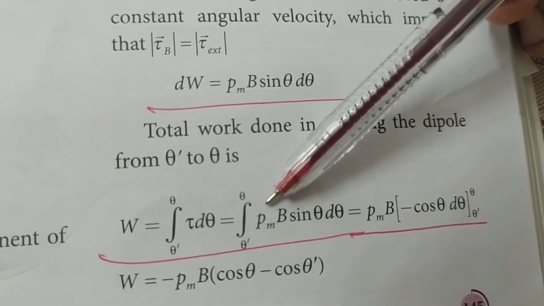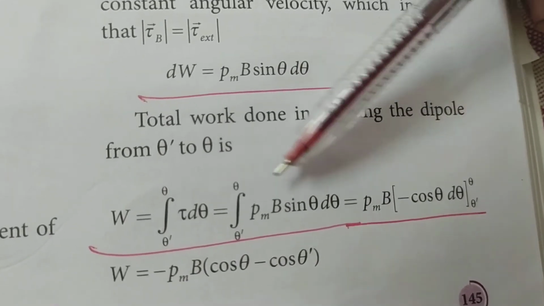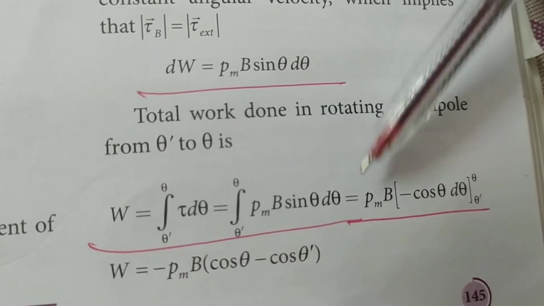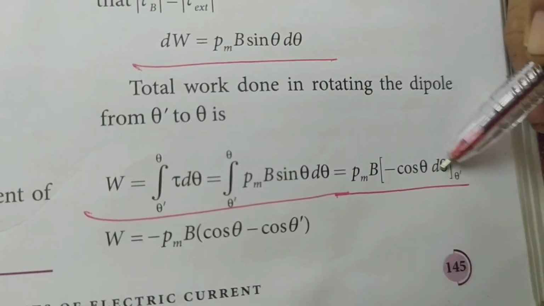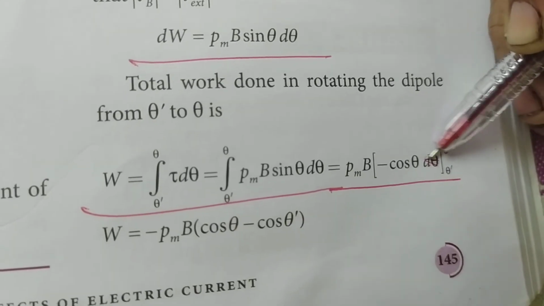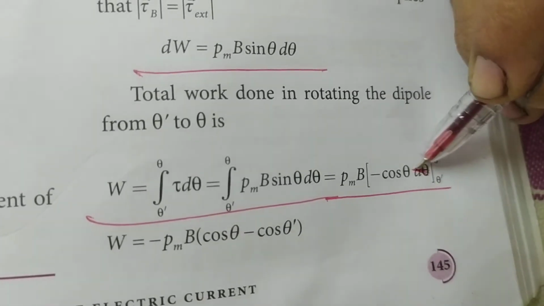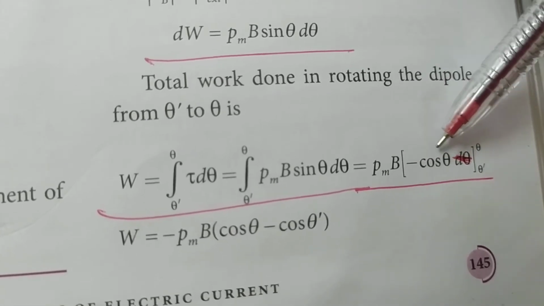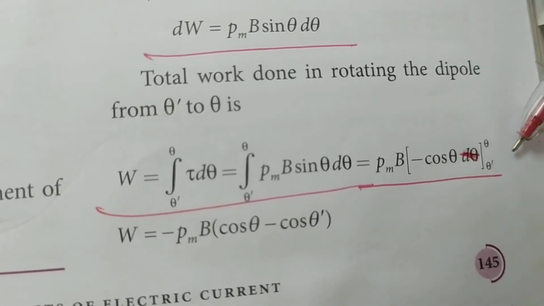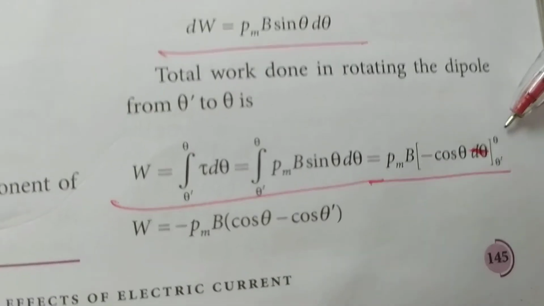And what is the integral of sin theta d theta? The integral of sin theta d theta is minus cos theta. So you have PmB into minus cos theta, with the limits from theta dash to theta.